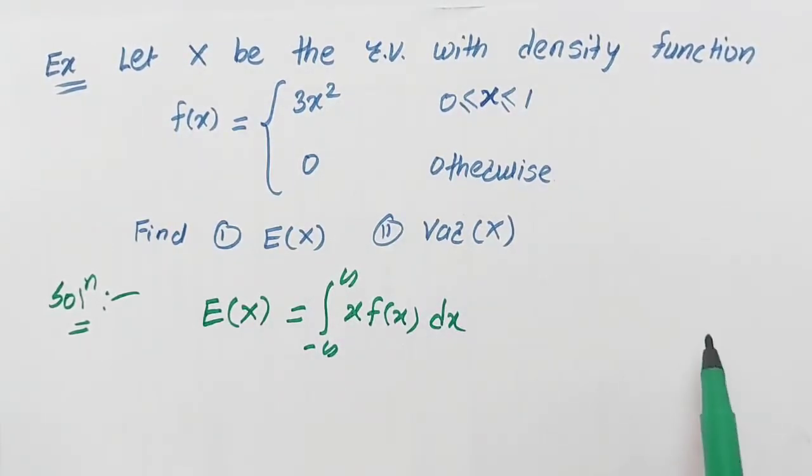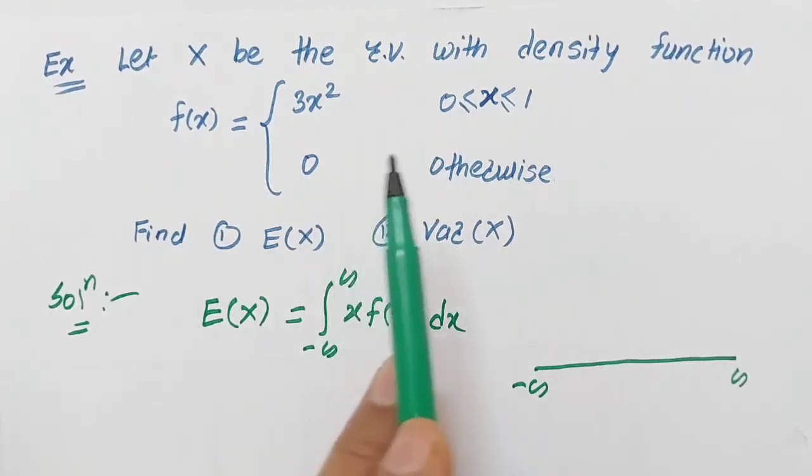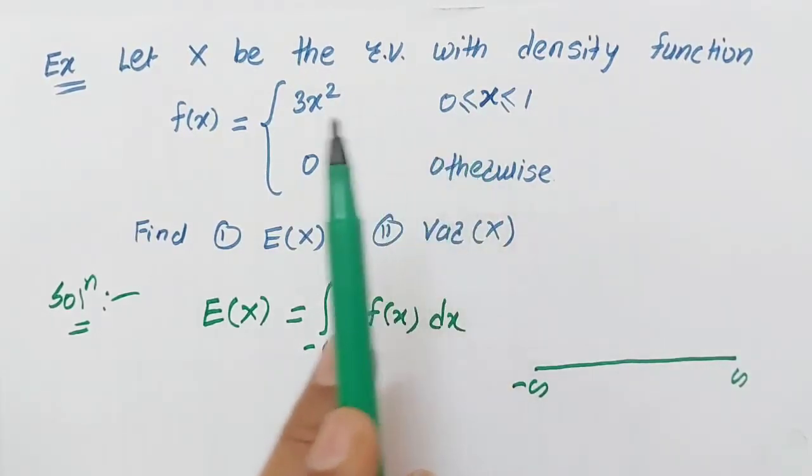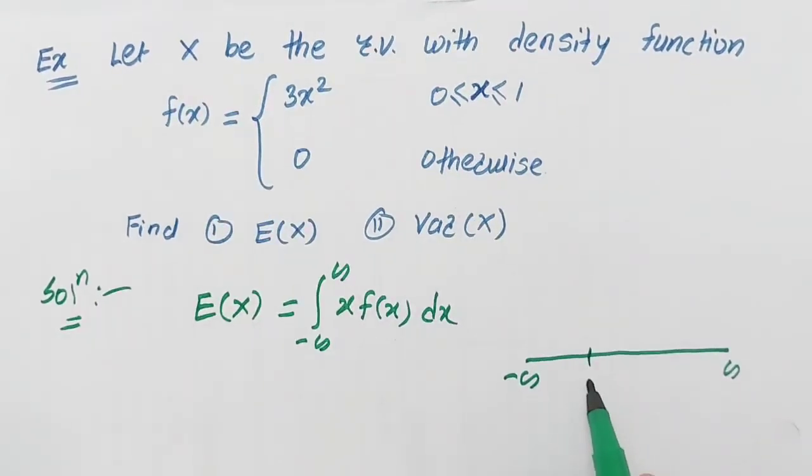Here x is a random variable, that means the value of the random variable lies in the open interval minus infinity to infinity, and the value of the function is different on different parts. When x lies between 0 and 1, the value of the function is 3x square, and for the other parts it is 0.